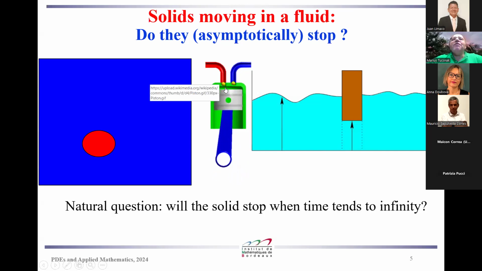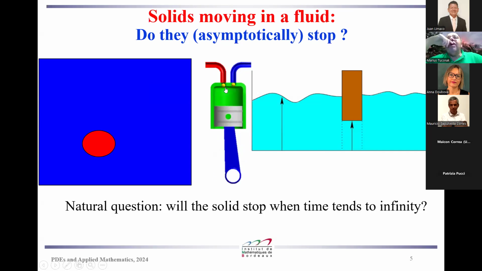And finally, something I will discuss very briefly, if I really have time, at the end, which is floating structures. So here I have a double free boundary problem. There is a free boundary between the solid and the fluid, and there is a free boundary between the fluid and the air. So this is a very complicated problem on which the first results are very recent.